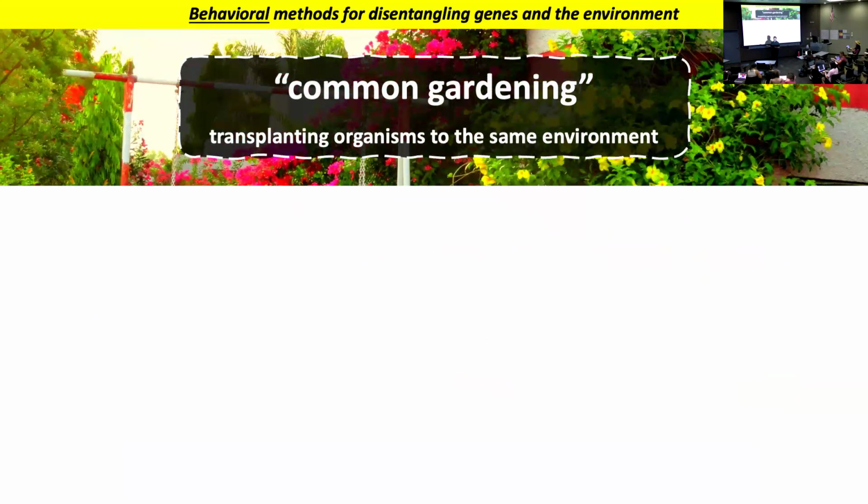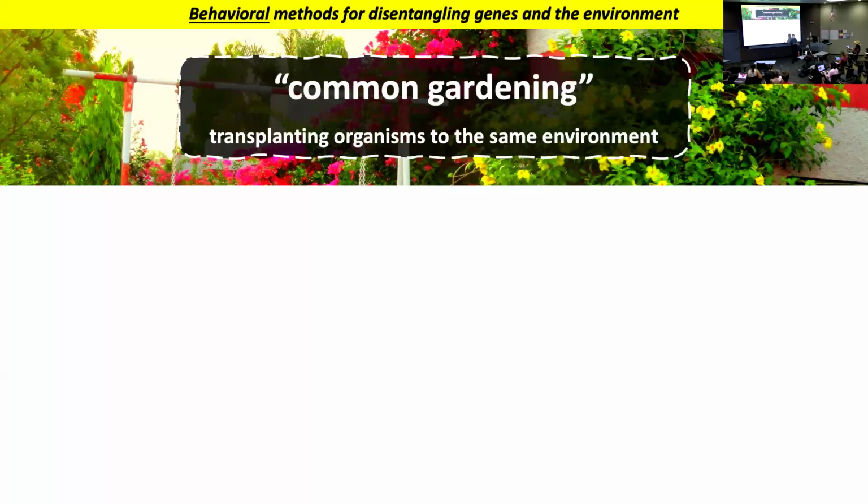Last time we focused on behavioral tools for teasing that out. We talked about common garden experiments, where you take two individuals that differ in phenotype, and you're not sure if they differ because their environment is different or their genes are different. So you might raise offspring from different local groups, different ecotypes, in a common garden, a shared environment.